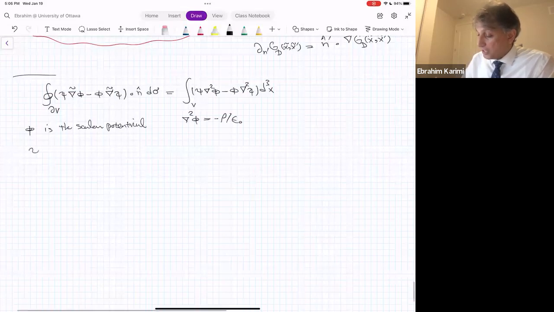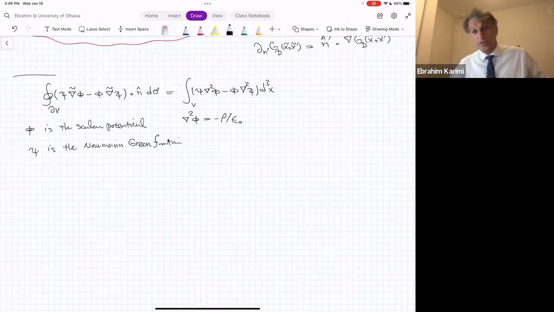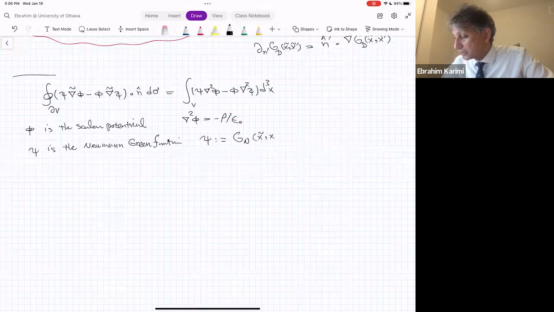And psi is the Neumann Green function, or what I call it, the Green function that satisfies Neumann boundary condition. And I will label it by G_N of x and x prime, which has the following properties.